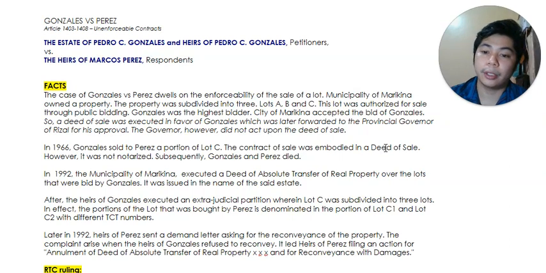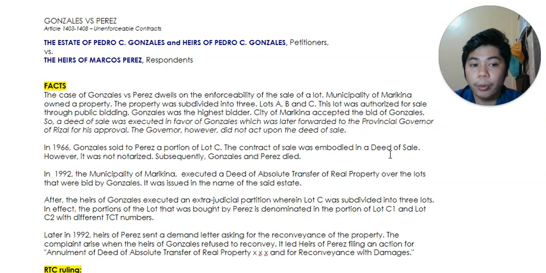Okay, so hello class. Today I will just instruct you on how to make a case digest. This is what is referred to in the syllabus as case study, but rather than a case study, actually this is a case digest.